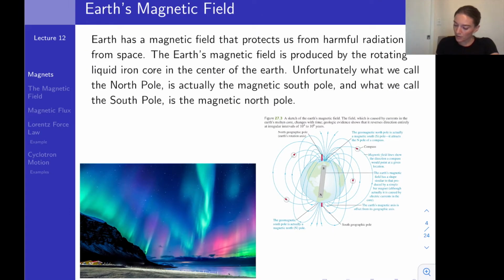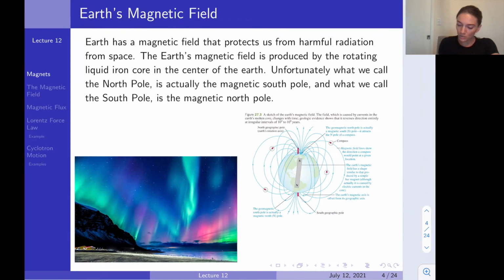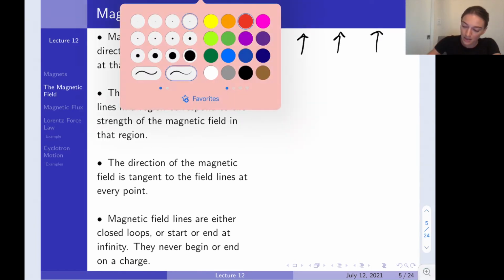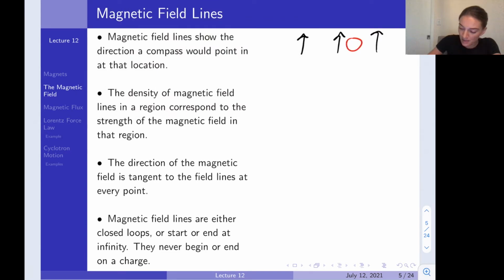So here I have drawn some magnetic field lines. Just like with the electric field, we can have magnetic field lines. A couple things about magnetic field lines: they show the direction that, if you put a compass in a magnetic field, the compass would point in. So if we have magnetic field lines like this, a compass would point in that same direction.